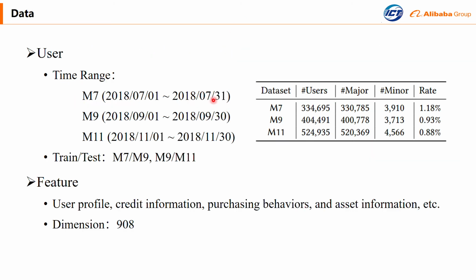Experiments are conducted on a real-world dataset from an online credit payment service provided by Alibaba Group. We collect financial users from 3 months and construct 2 train and test pairs. For each user, we collect 908 features, and the rate of minority class is around 1% across these 3 months.